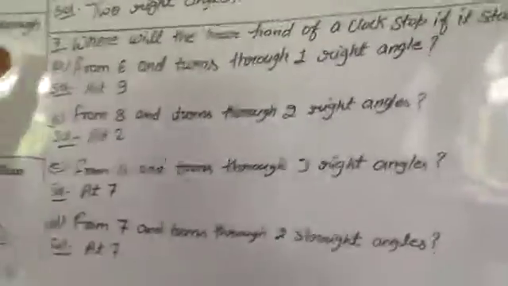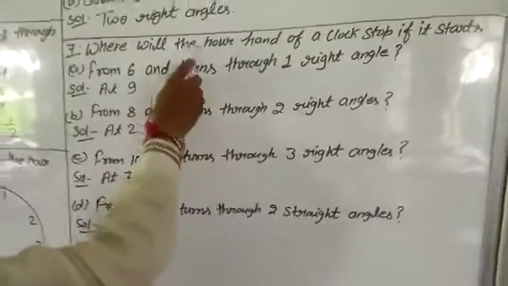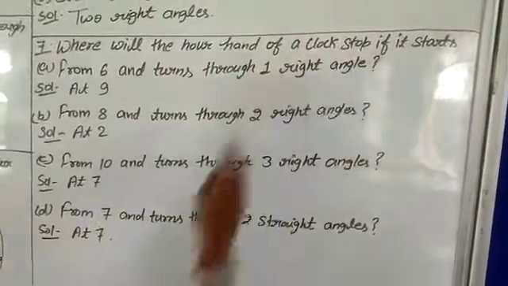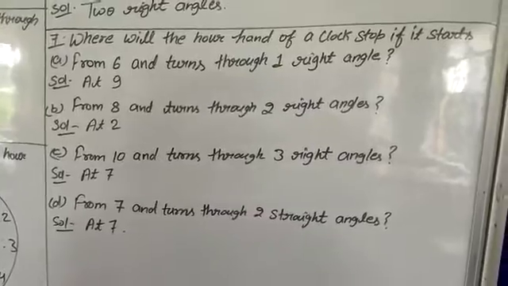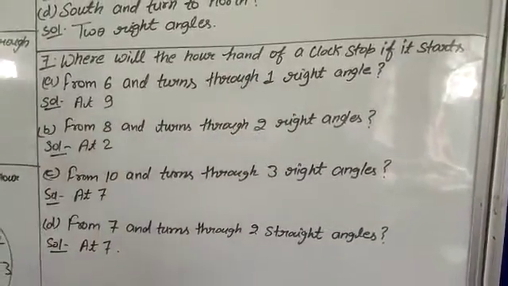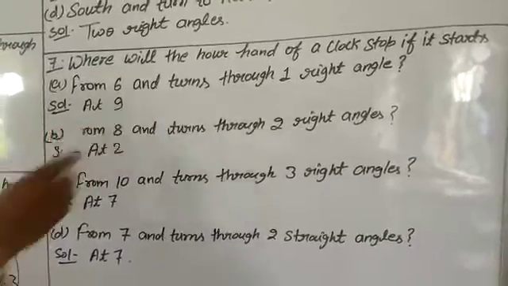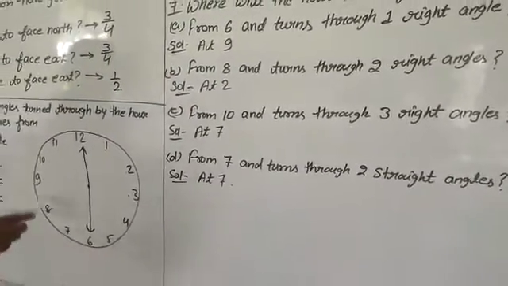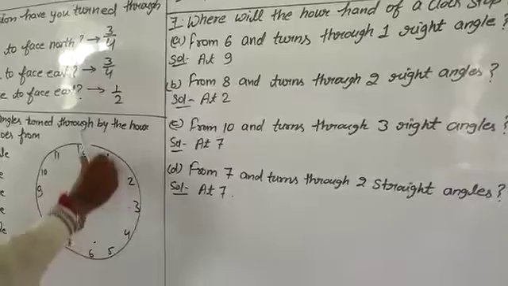Question seven. Where will the hour hand of a clock stop if it starts from 6 and turns through one right angle? Start from 6 and turn one right angle, so 9. 6 to 9 is one right angle.